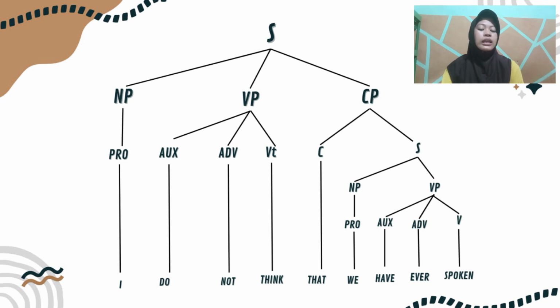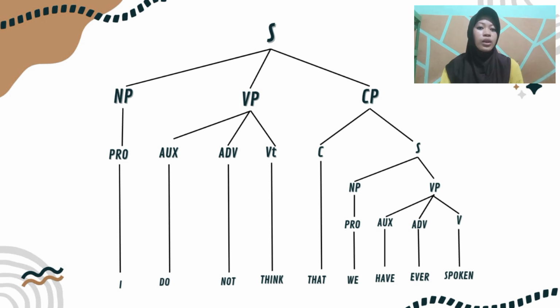Then, in the CP, or complementizer phrase, it branches into two. The first branch is C, complementizer, which is that, and the second branch is S, sentence. Inside this S, or sentence, it is further branched into two nodes.